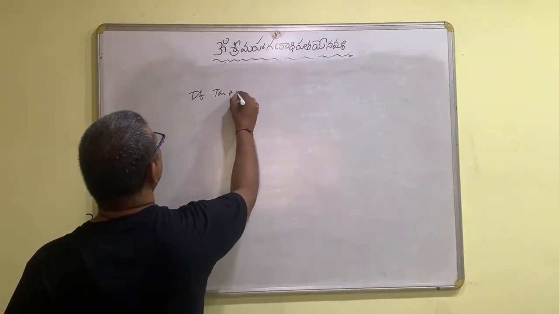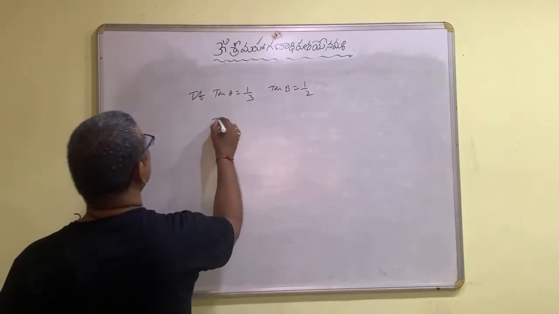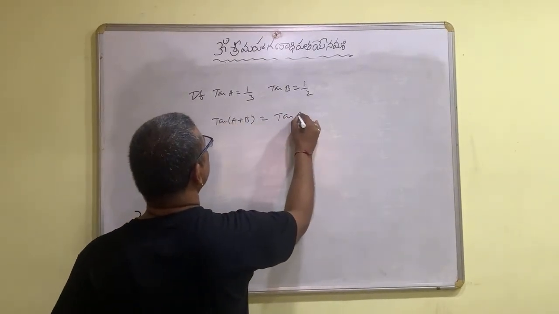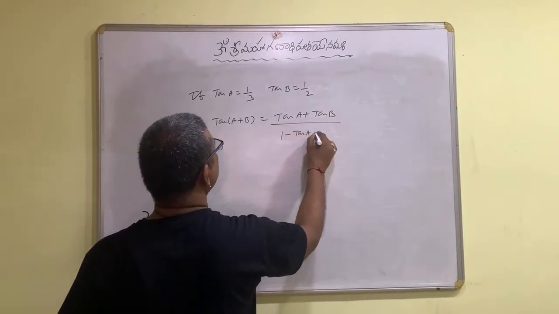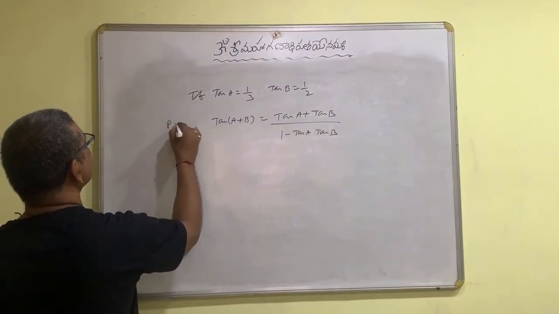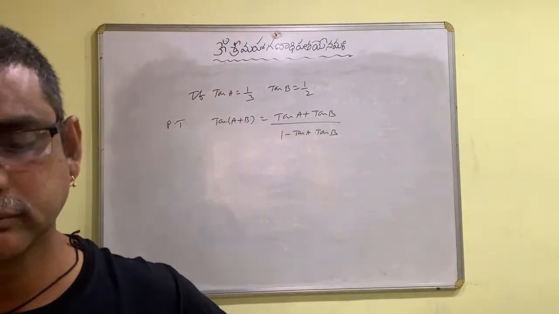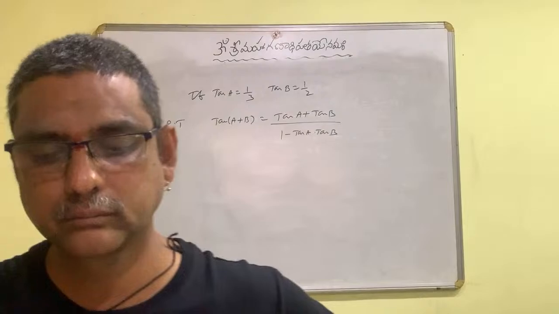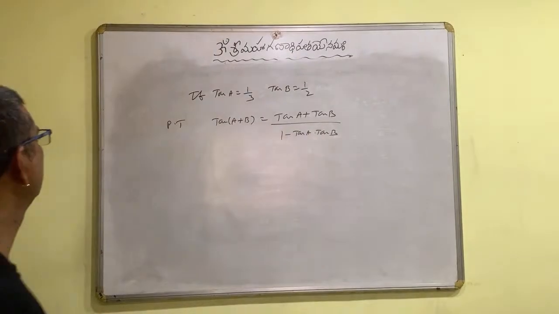If tan A is 1 by 3 and tan B is 1 by 2, you need to prove that tan A plus B equals tan A plus tan B by 1 minus tan A into tan B. This is the question. No, not this is the question.